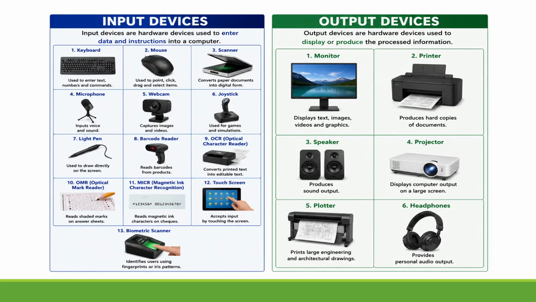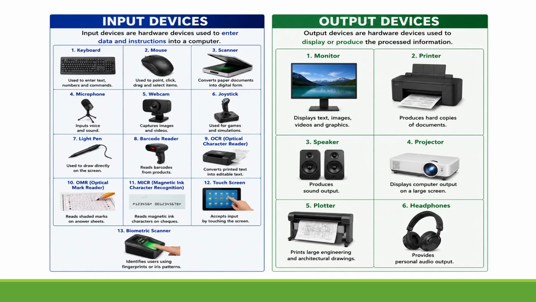If you want to generate hard copies from soft copies, if you want to produce hard copies of documents, we can use the printer. And one more is a speaker, to generate the sound formats of the data. To produce sound output, we can use the speakers.